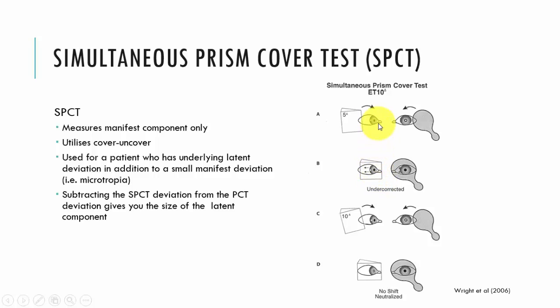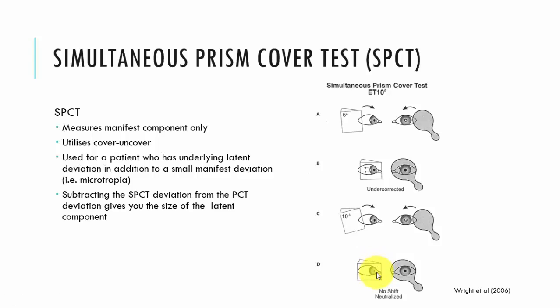This was originally an ET, a right ET, so it has to come out to take up fixation. And this prism of 5 diopters is an undercorrection. So the next step is to grab a 10 diopter, bring them on at the same time, and what we see now is that when the prism goes on at the same time as the cover, the eye under the prism has not moved to take up fixation.